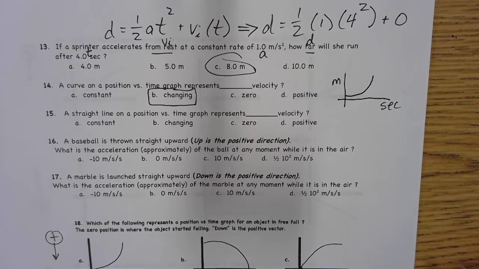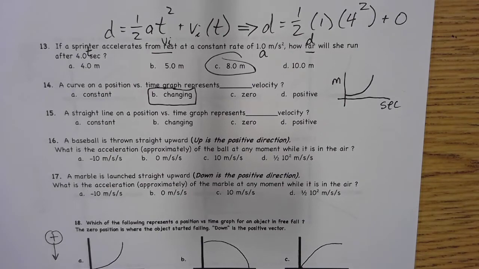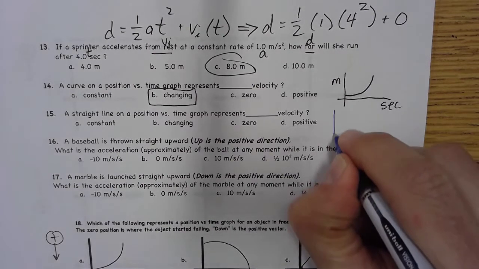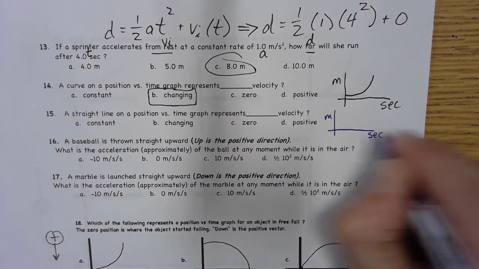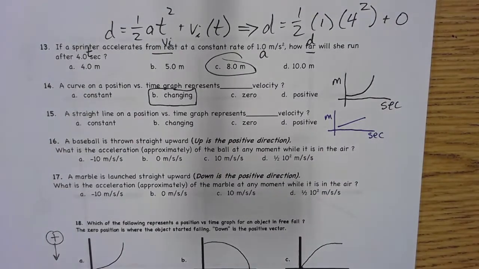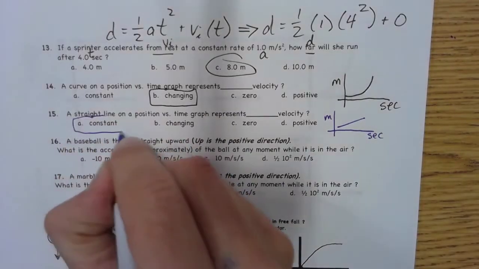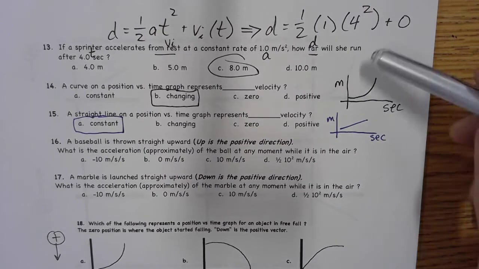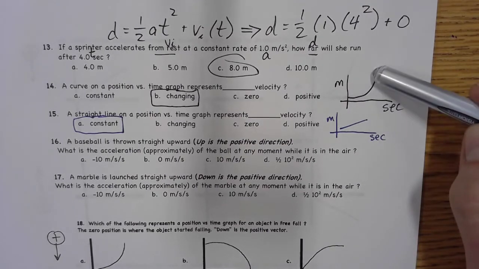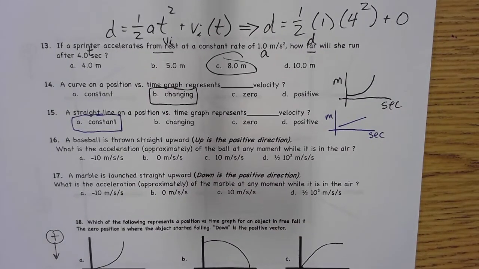Okay, so if we had a straight line on a position time graph, what would that do? Position, time. Okay, now that's that line I had you draw. That was our constant velocities, our constant slope. Remember, a curve is a changing slope. A line is a constant slope. It's a great way to think about that.